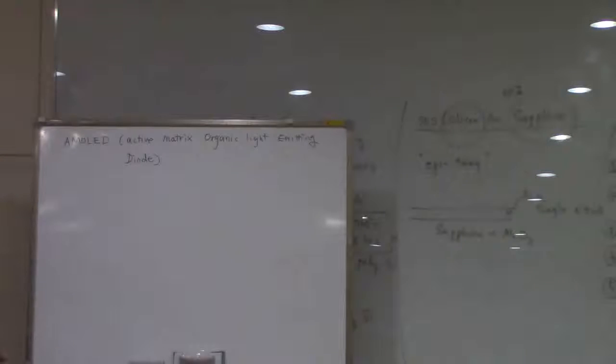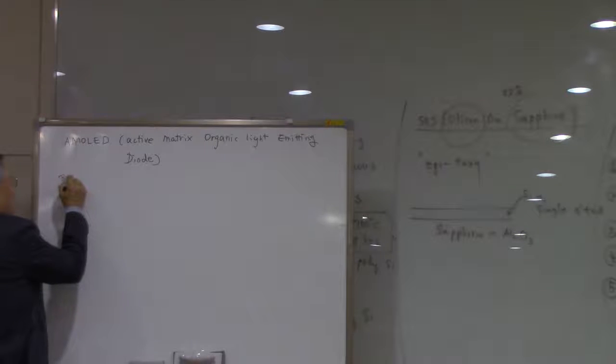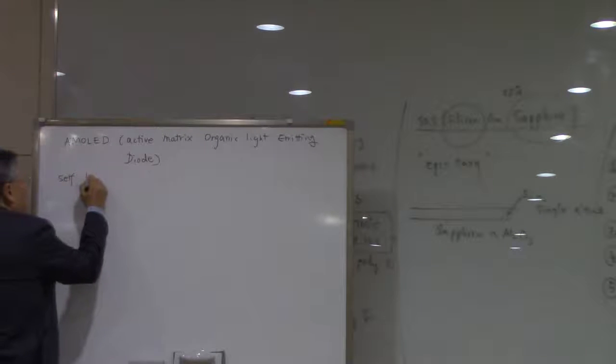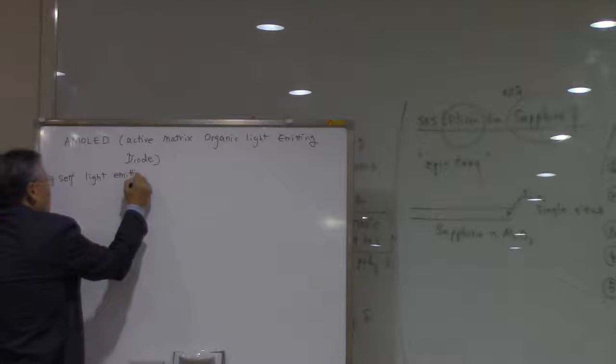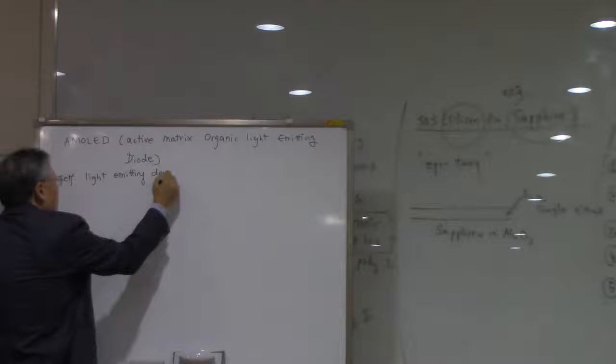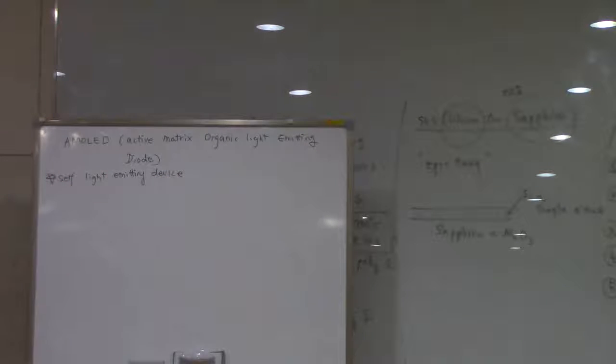Right? Why is LCD replaced by AMOLED? Because AMOLED is a self-light emitting device. This is the main thing. Okay, with LCD you need a backlight.